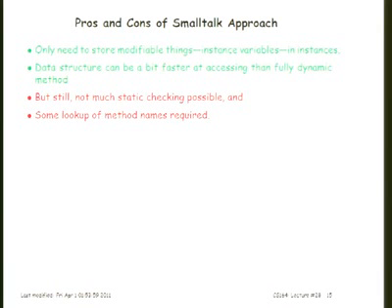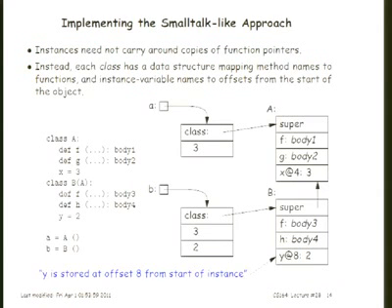But again, because of this dynamic typing, we don't have any static type checking. And because we don't have any static type checking, we do still have to do some looking up of the method names. But this is one step along the road.